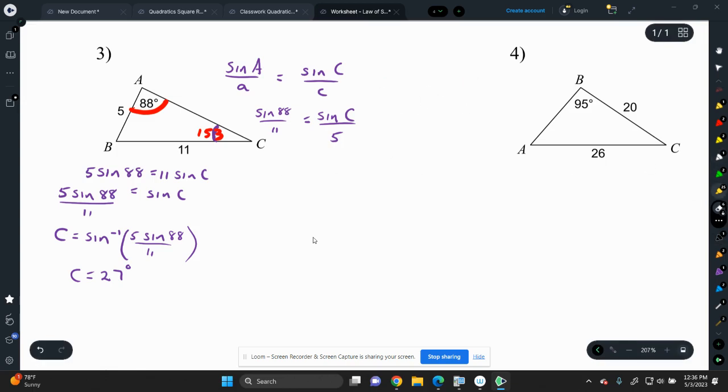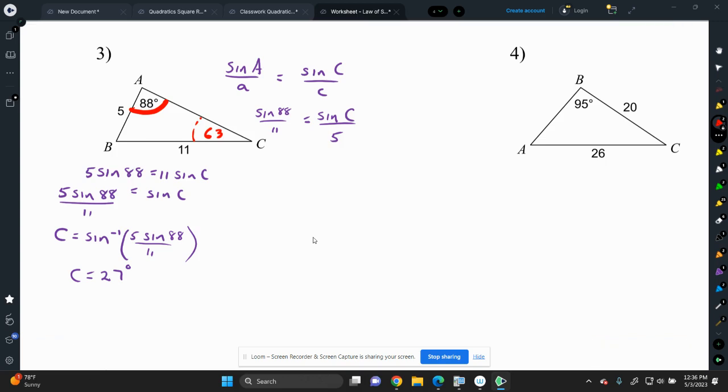What if it did come out possible? Like, what if, just for argument's sake, this came out to be like, I don't know, 63 degrees? Is that possible? Yeah. Okay. That's possible.